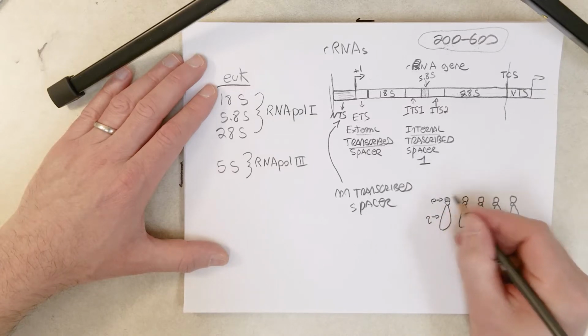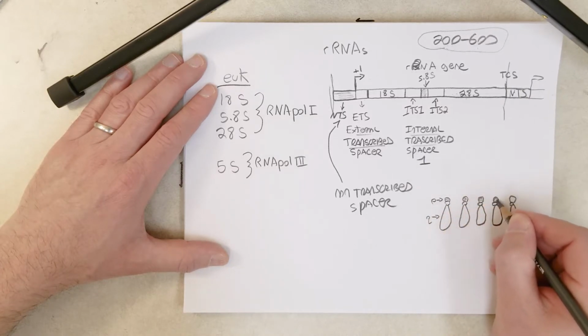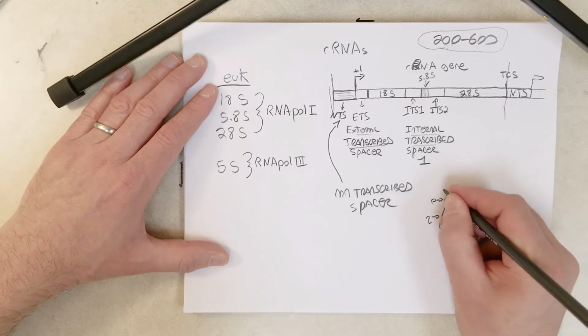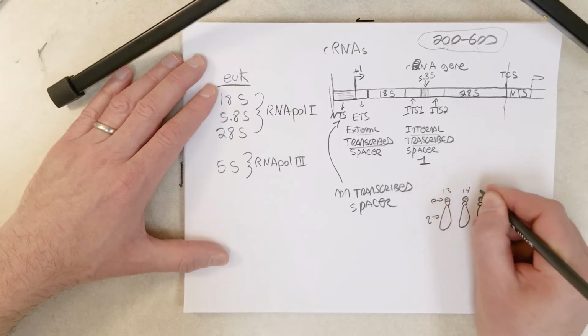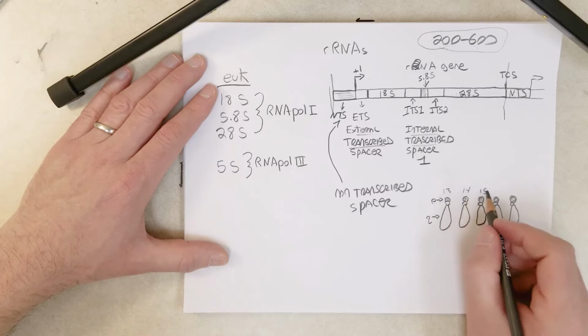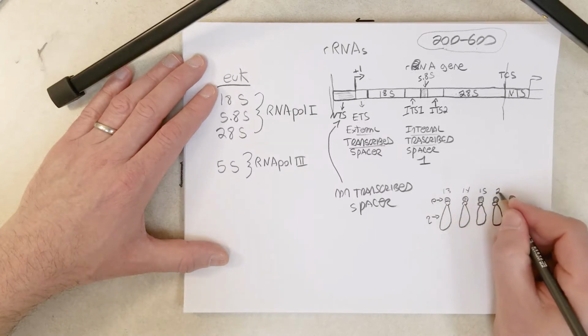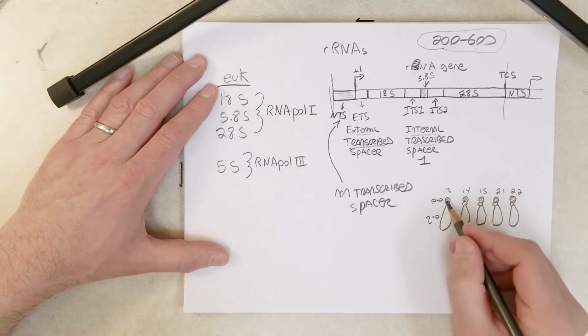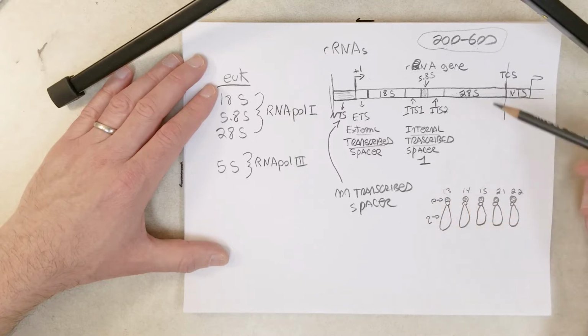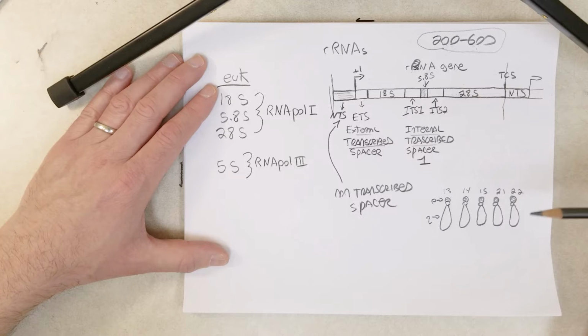Well, the P arms of these acrocentric chromosomes, which are chromosomes 13, 14, 15, 21, and 22, each contain dozens of repeats of the ribosomal RNA genes. It's pretty neat how they're found on the P arms of all the acrocentric chromosomes.